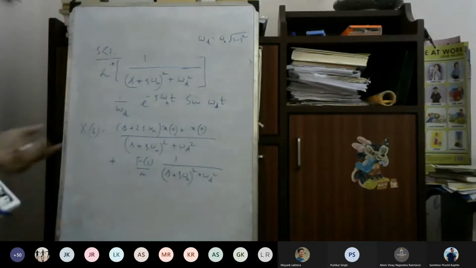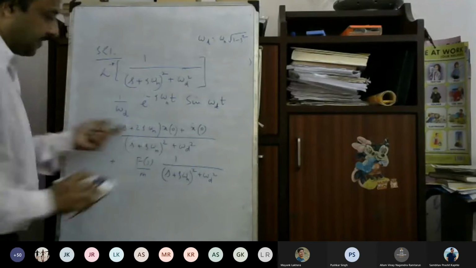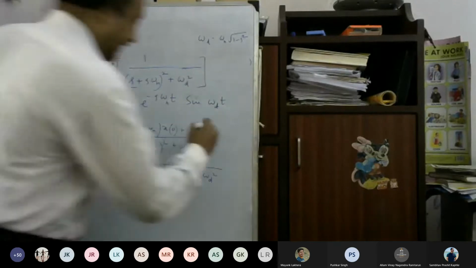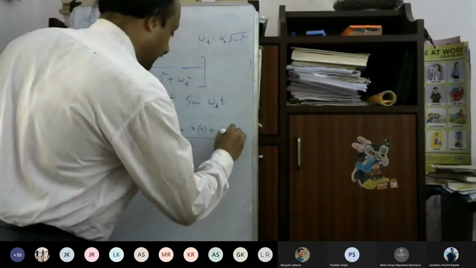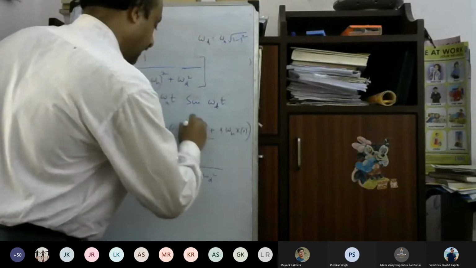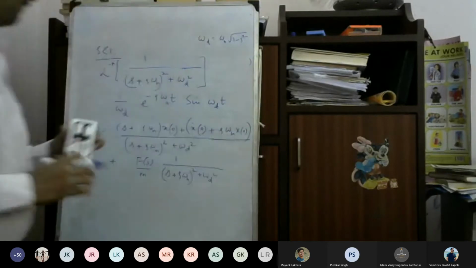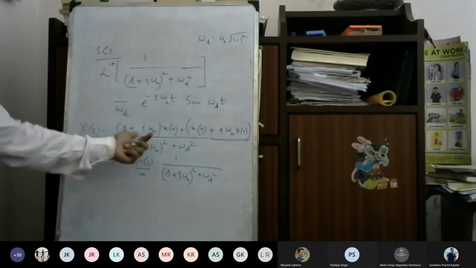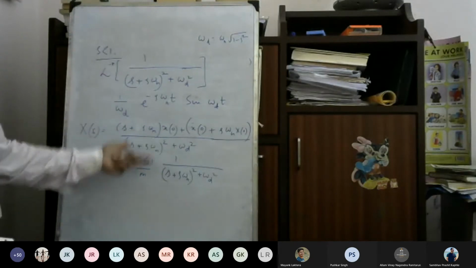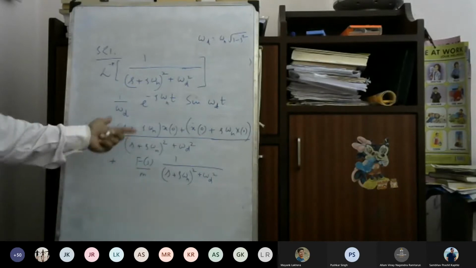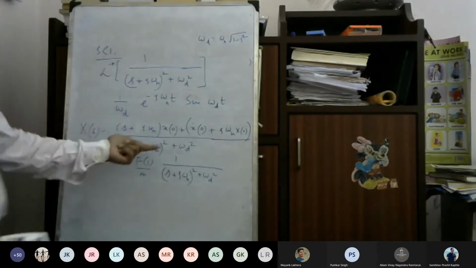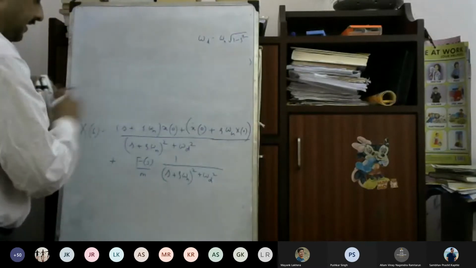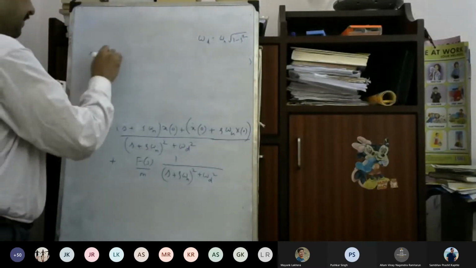Now what we will do, we will write this with zeta omega n split partly here and zeta omega n x0 here. I have taken 2 zeta omega n just to get the Laplace inverse of this form in a simplified manner. Now, if you get the inverse Laplace transform of this quantity, you will get x(t).